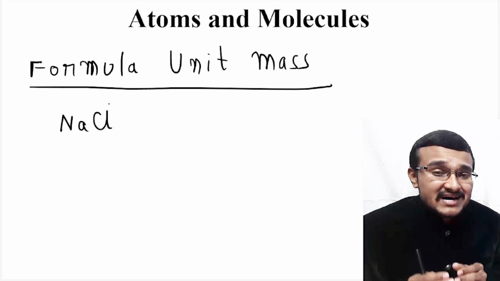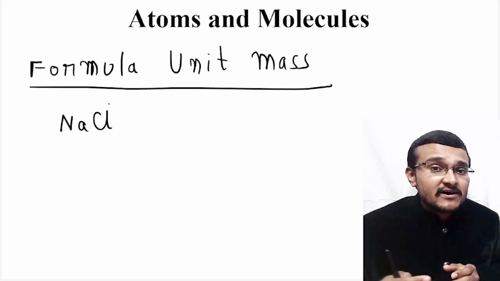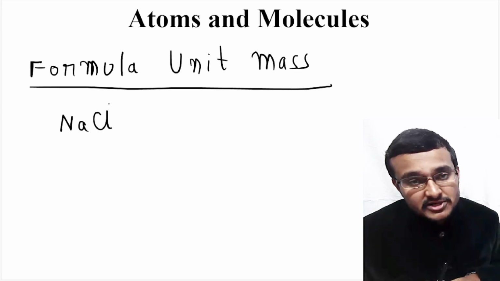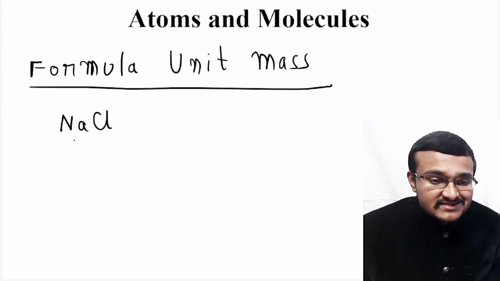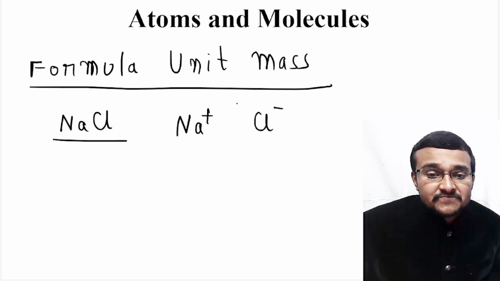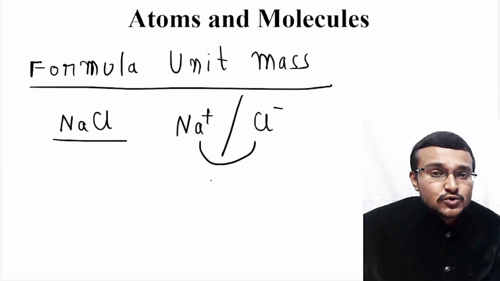Formula unit mass is basically applied for a compound which has ionic charge involved. So for example, if I consider NaCl, NaCl has charge Na plus and Cl minus. So here ions are actually involved in the bond formation of these two atoms.